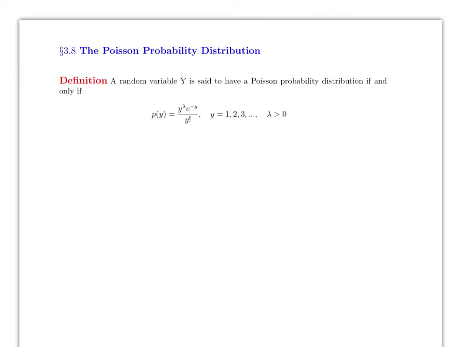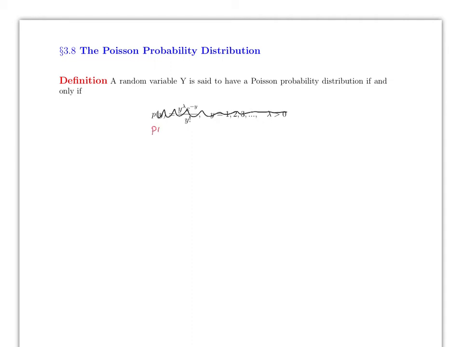The last distribution that we will be covering is the Poisson distribution. A random variable Y is said to have a Poisson distribution if and only if it has the following mass function. There is a typo here. Let me just fix this part.